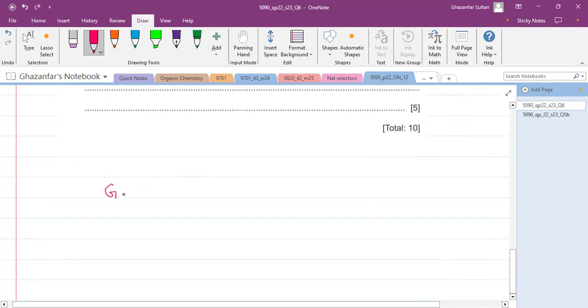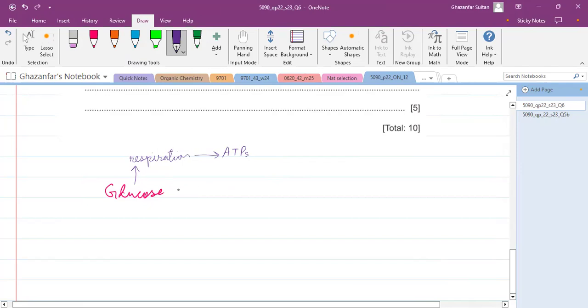So see, what are the fates of glucose? Remember that glucose itself is used only for respiration. So one fate is respiration. So one use of glucose is to be used in respiration to produce ATP for different functions of the plant.